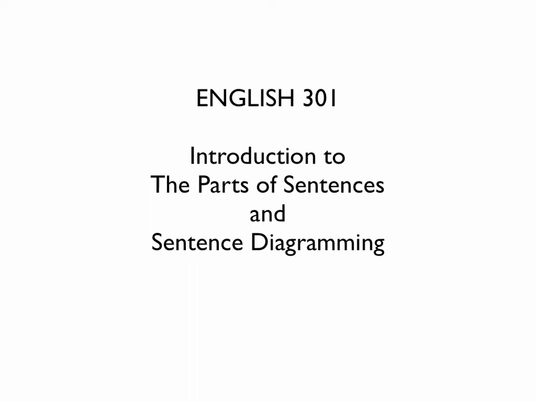So we need to know the pieces that make up the sentence, the parts of speech. Then we need to know the sentence parts themselves, how parts of speech come together to make sentences, to become sentence parts. If you discuss issues much smaller than the level of parts of speech, you're getting into the territory of linguistics. If you go larger and begin to discuss units of language beyond the sentence, you're entering the realm of rhetoric and composition.